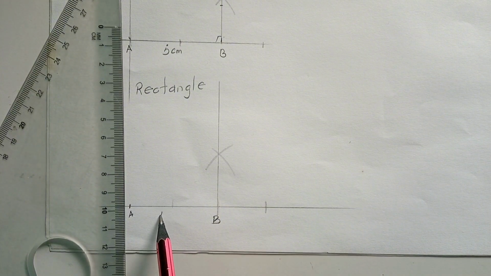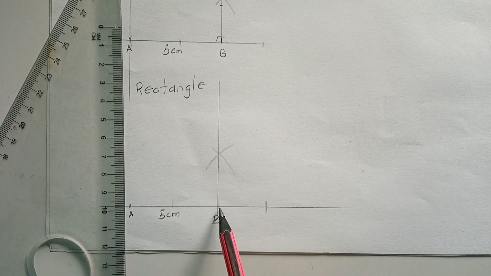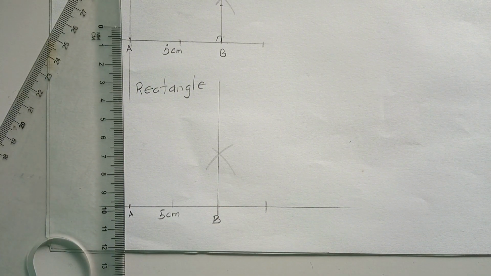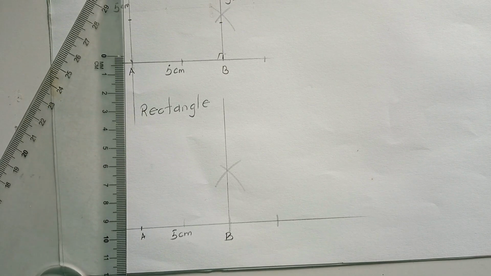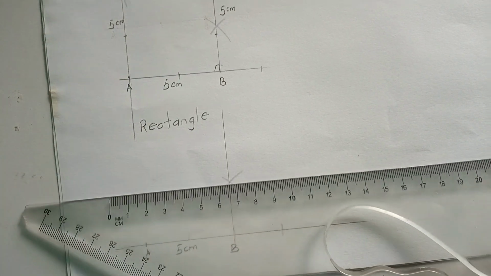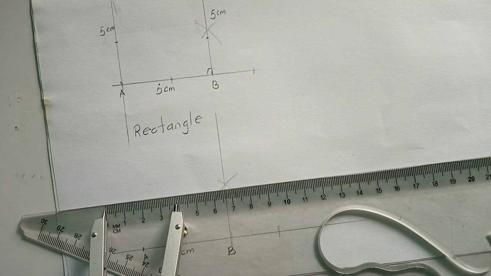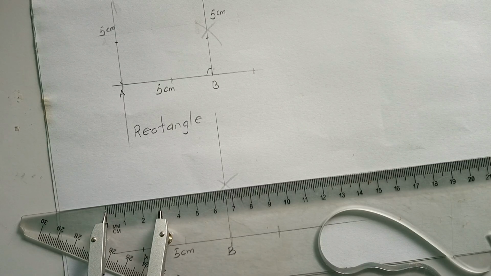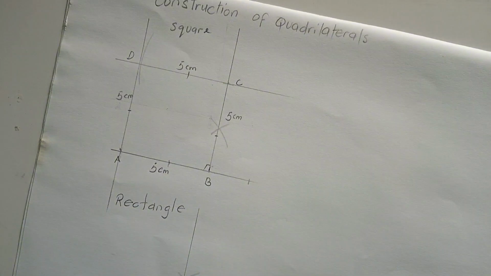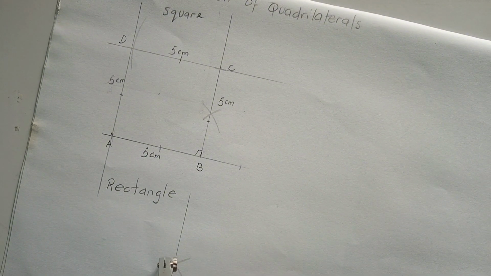This one is 5 centimeters, and our height, we were told it is 3 centimeters. So once again, put our ruler there and measure accurately 3 centimeters. So this is 3 centimeters. So from this point to that point, we strike our 3 centimeters like that.